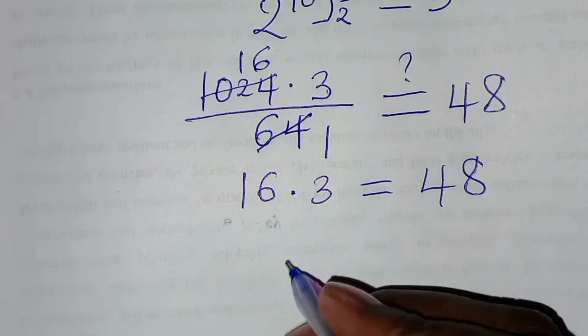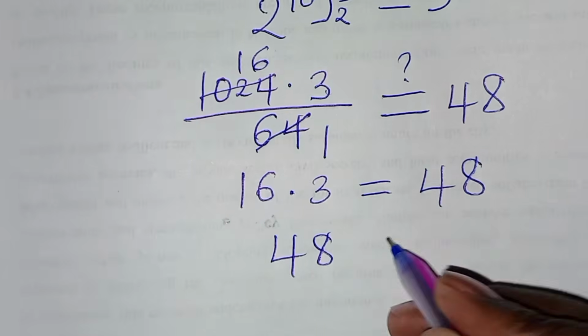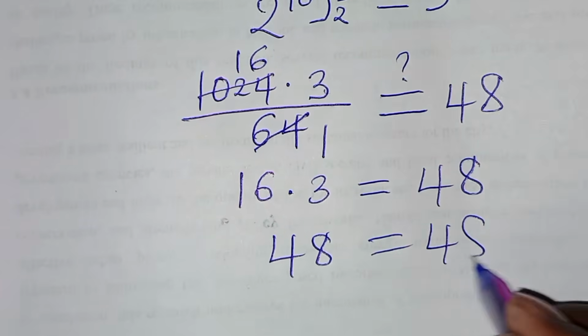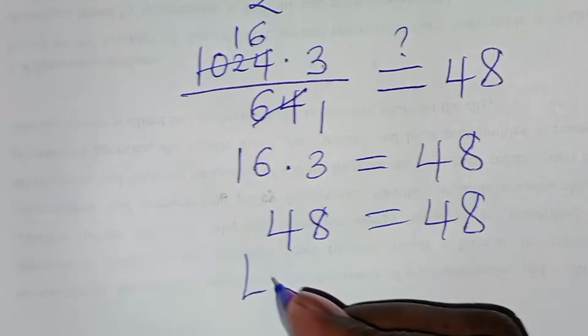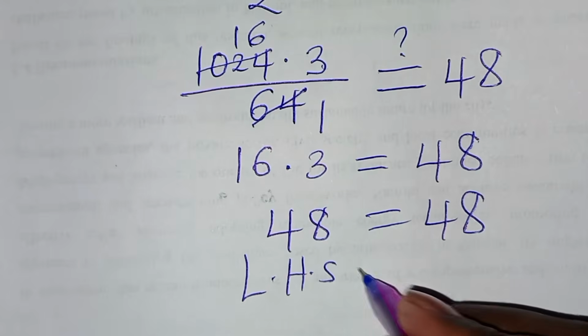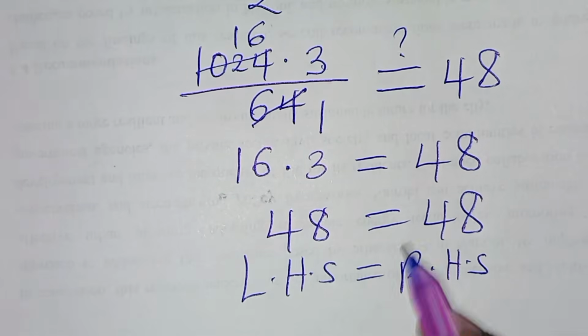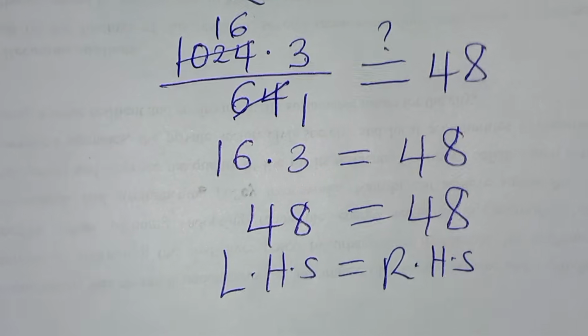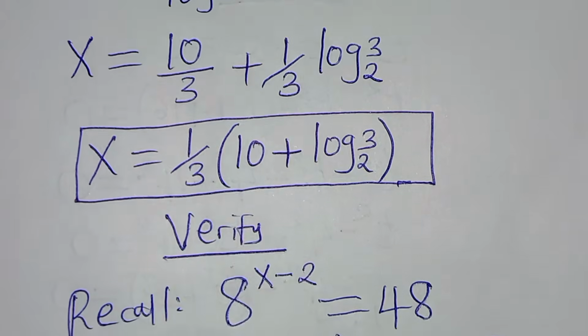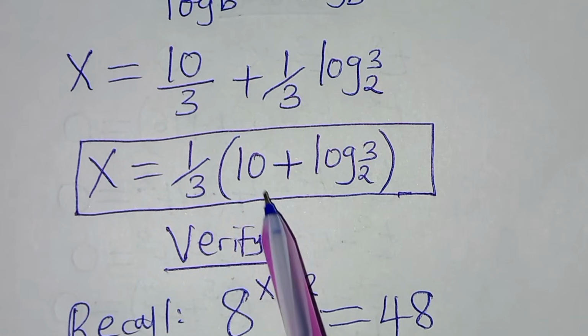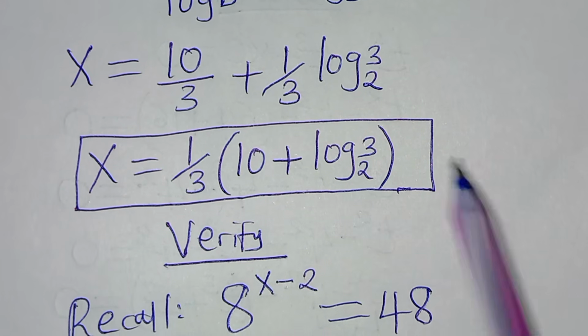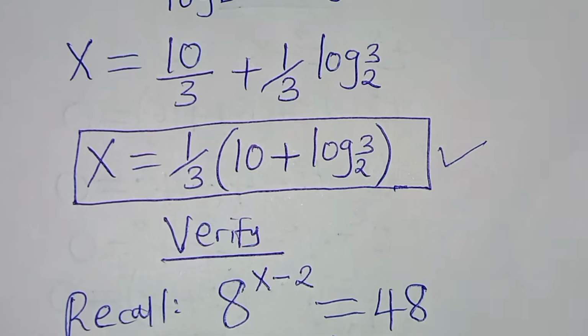So 16 times 3 here is 48, and this is equal to 48. So the left hand side is equal to the right hand side. And this implies that the value of x, which is a third into the parentheses 10 plus log 3 to base 2, actually satisfies the equation.